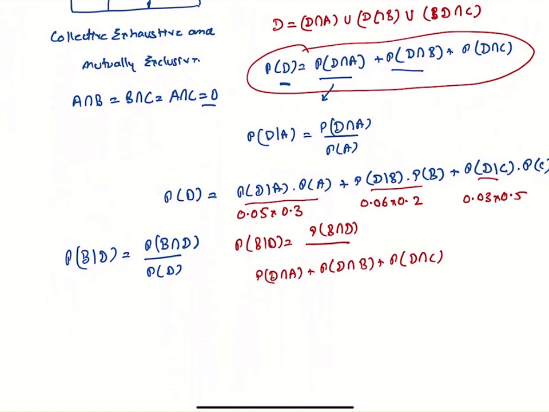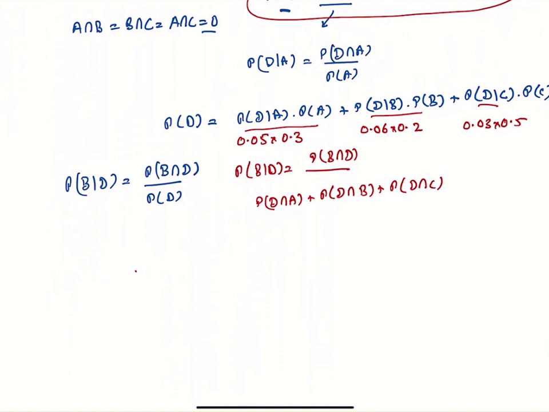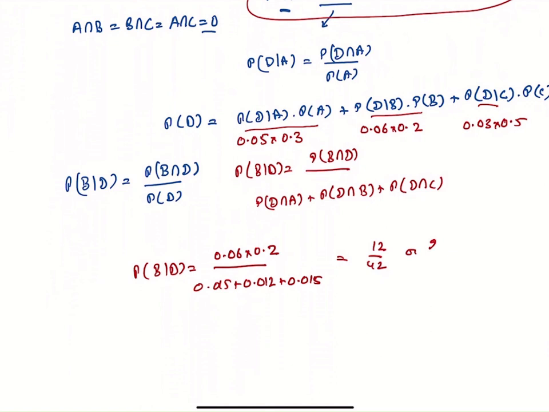So overall, the probability of B given D is 0.06 times 0.2 divided by this number, which is going to be 0.015 plus 0.012 plus 0.015, that is going to be 12 by 42 or 2 by 7.